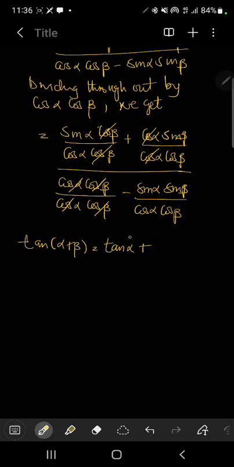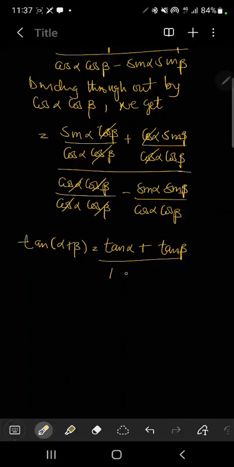Here the angle is alpha, no wonder we have got tan alpha. Here the angle is beta, so it will be tan of beta, over cos alpha cos beta over itself.